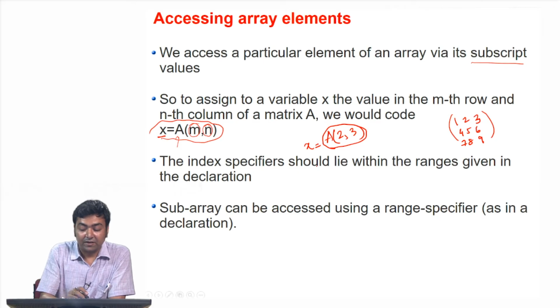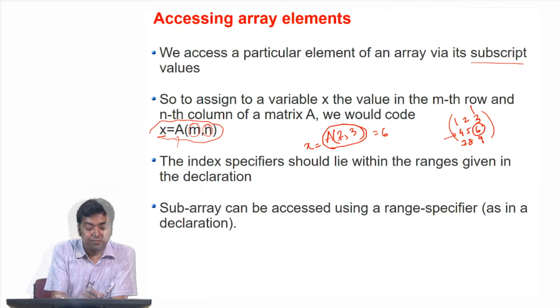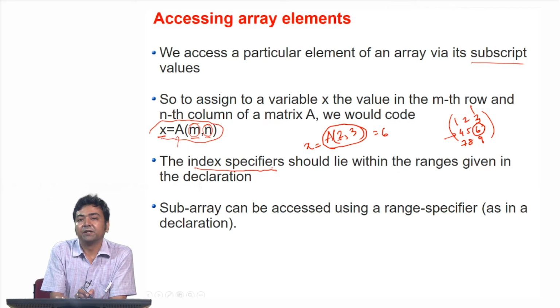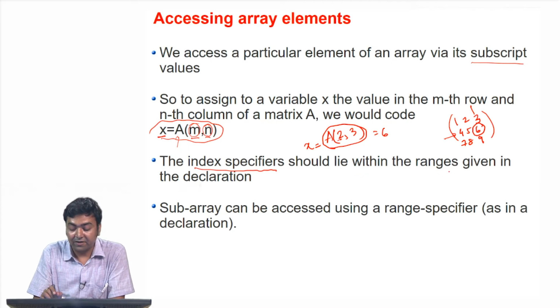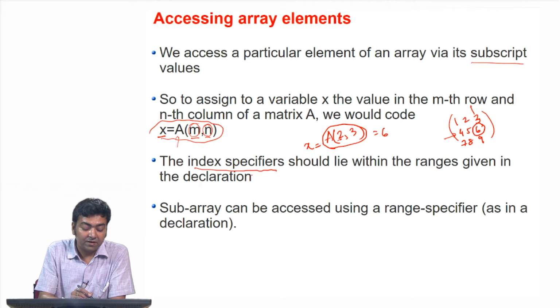The program will go to the mth row, where m here is 2. So, I go to the second row, and from there I go to the third column. This is the element that will go to x. These numbers m and n are called the index specifiers of an array, and one should be careful that the index specifiers should lie within the ranges given in the declaration.